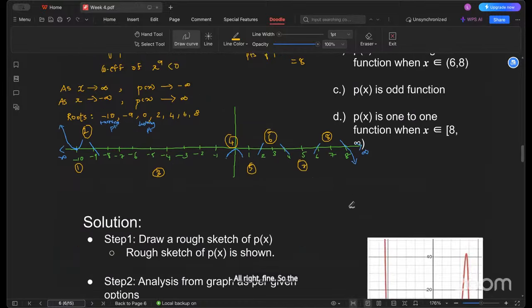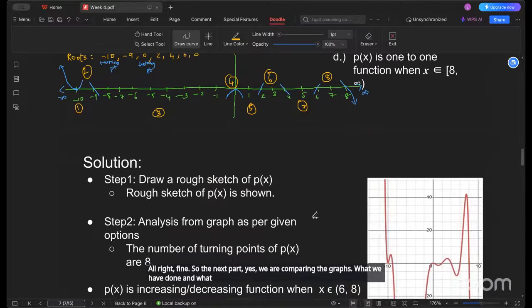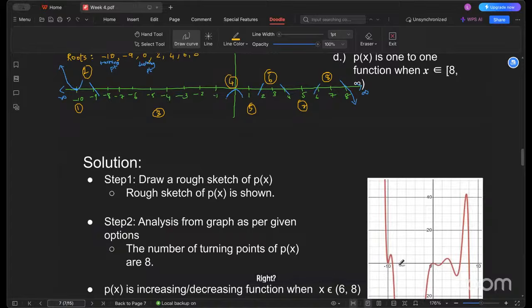So the next part: we are comparing the graphs, what we have done and what is actually there. Is it making sense? The first part we have done correctly in this place. And then here, this is at -9. It's touching the x-axis and then going down. And then again at 0, it is touching the x-axis and coming down and then coming up and touching 2.